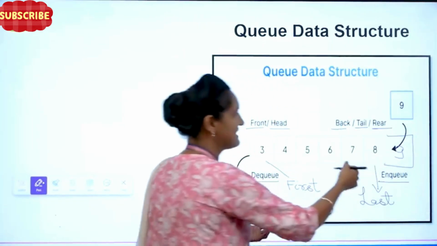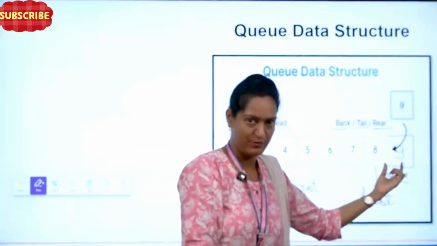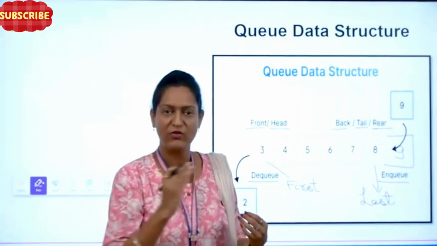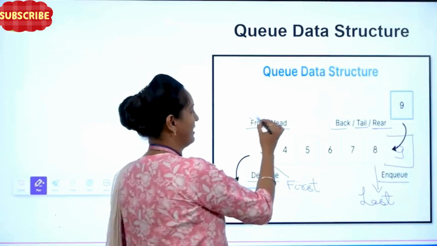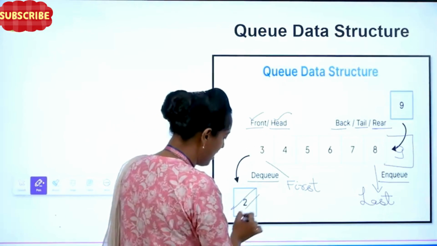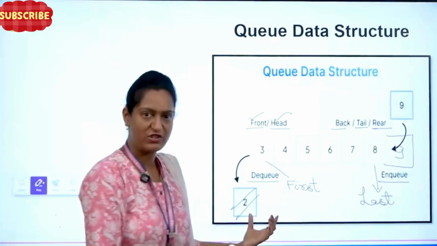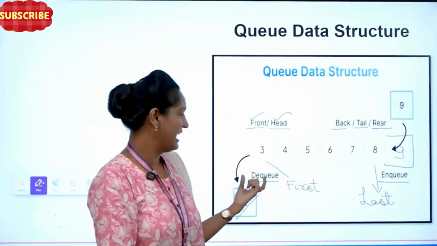From the tail side, the back side of the queue, I can insert an element. And if I want to remove an element from the queue, we use the front, or head. So I'm removing this 2 from the head. The operation of removing an element from the queue is known as Dequeue.